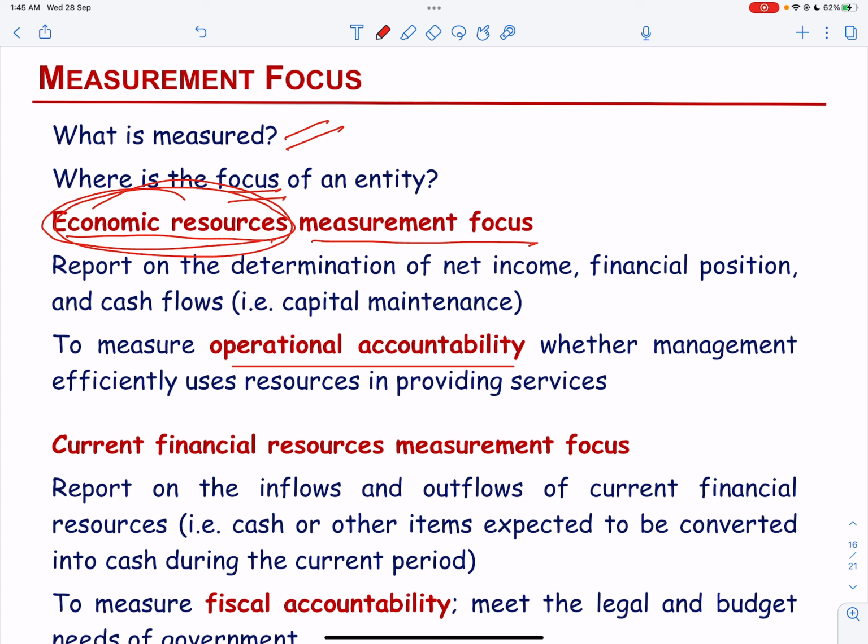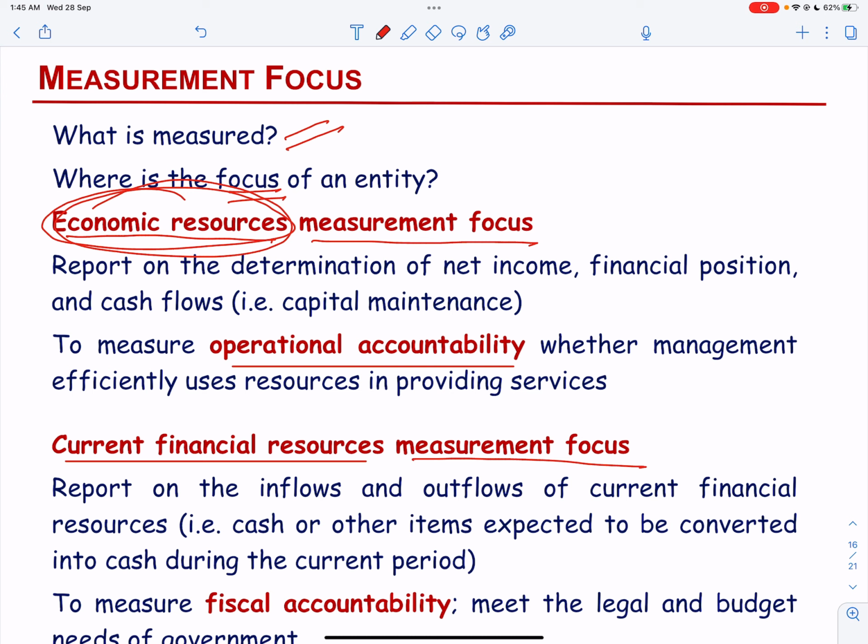Yet another measurement focus of the government is on the current financial resources, called current financial resource measurement focus. And that means the focus is on current assets and current liabilities, while the long-term assets and liabilities are ignored.